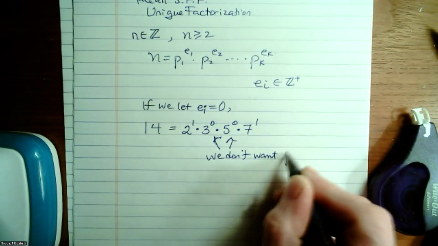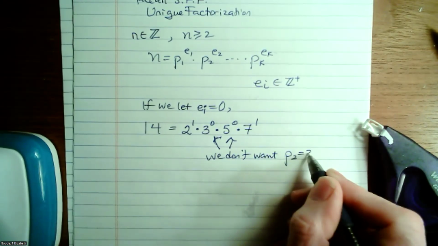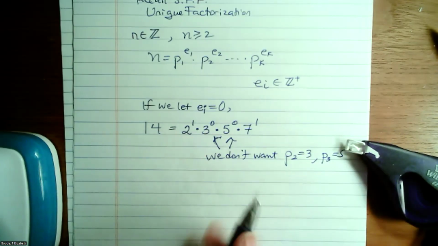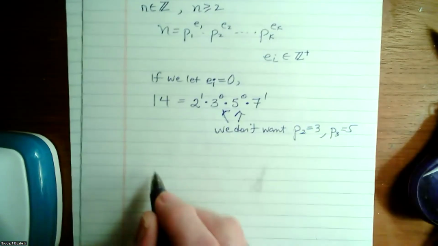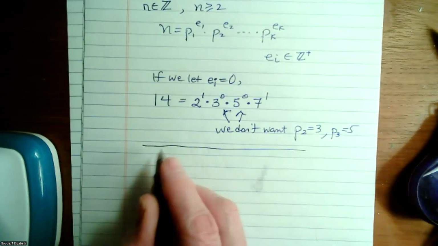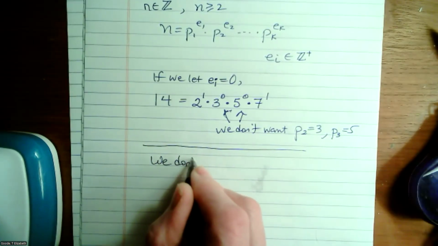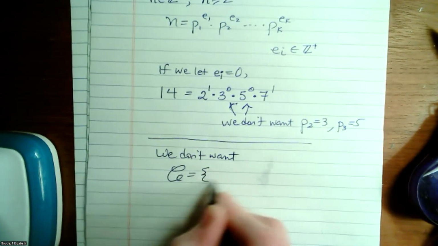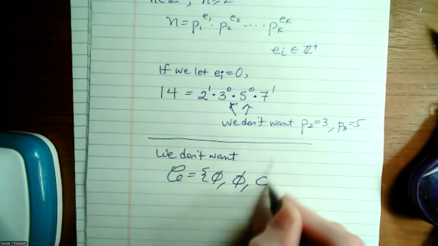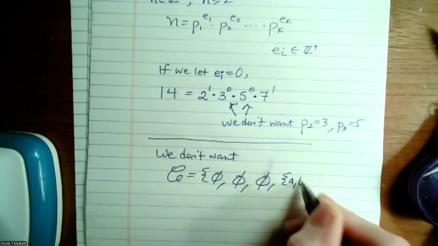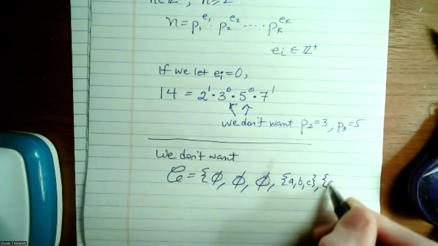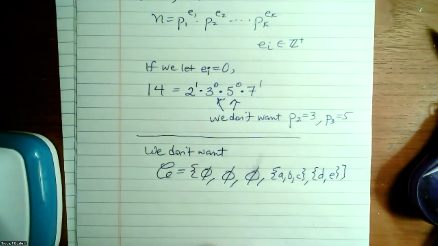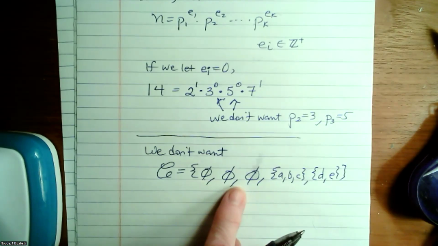We don't want p2 to be 3, and we don't want p3 to be 5 because they aren't factors. So the idea of the empty set is similar in set land. We don't want the collection to be like the empty set, the empty set, the empty set, and the set containing A, B, and C, and the set containing D and E. We don't want that. It's silly.